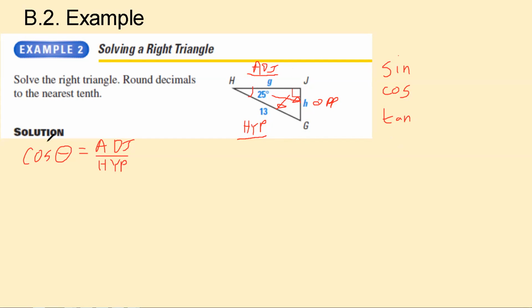For us, that's cosine. If we plug in our values, we have that our angle is 25 degrees. The adjacent side is G, and the hypotenuse is 13.